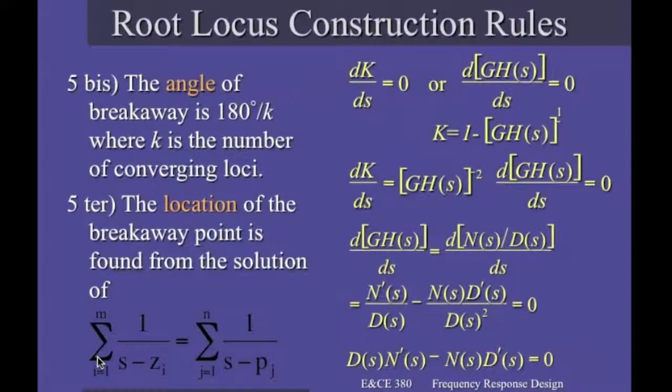The sum of the fractions which are given as the reciprocal of the Laplace abscissa minus each and all of the zeros. So this is 1 divided by s minus z sub i.